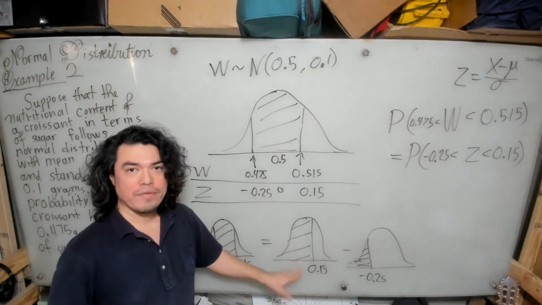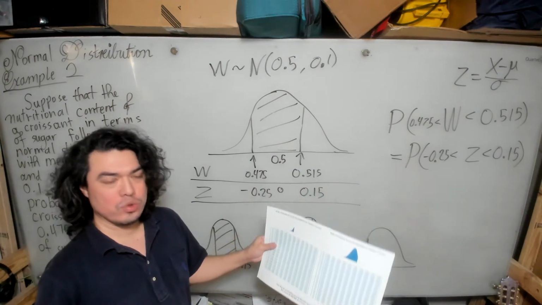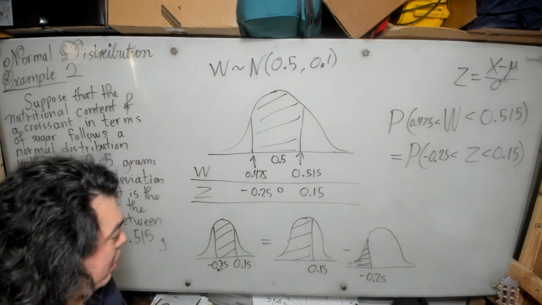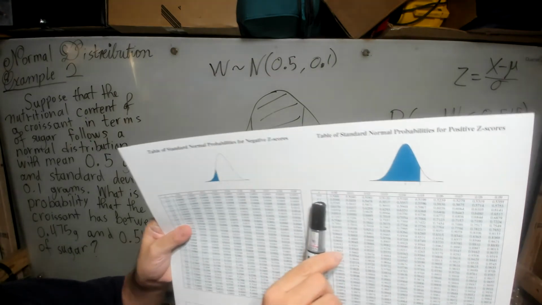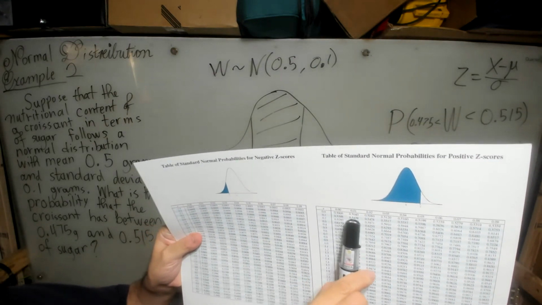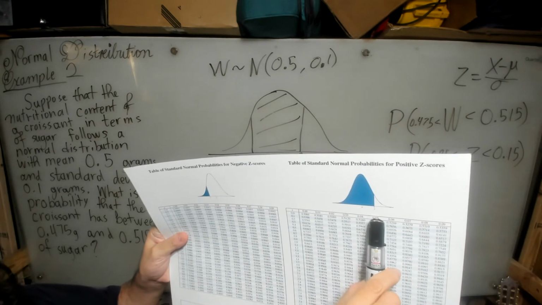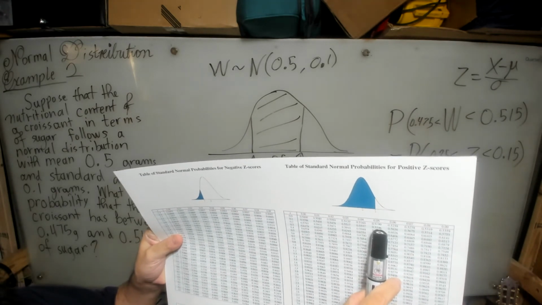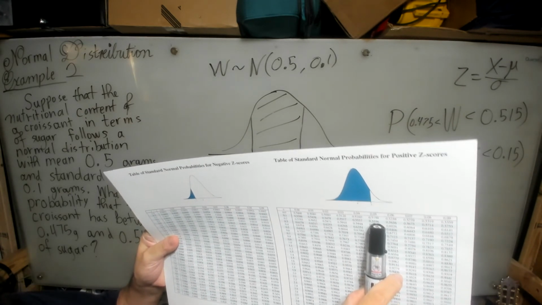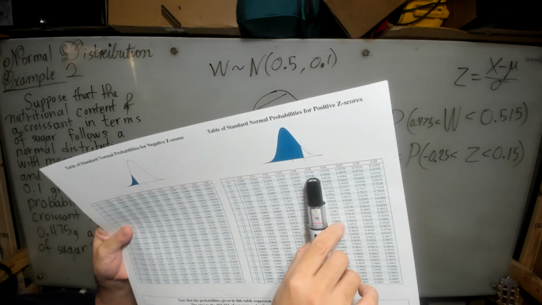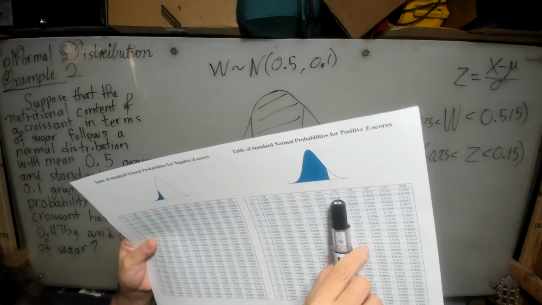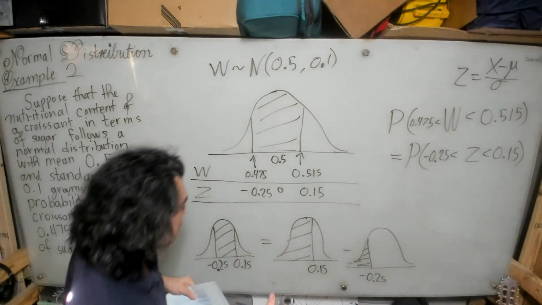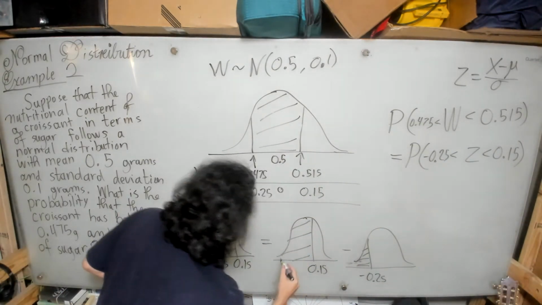Okay? So for example, what is the area under the standard normal curve that is to the left of 0.15? Well, we can take out our standard normal table and find out what that is. I go to the value 0.1 and then along the top to get the second digit to be 5. And I see that the area under the standard normal curve to the left of 0.15 is 0.5596.